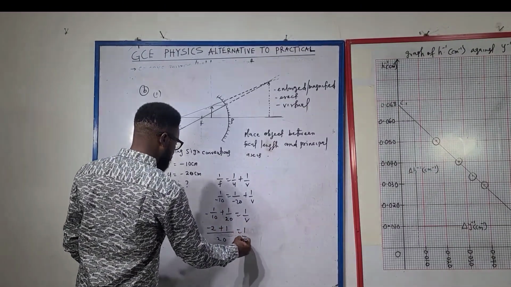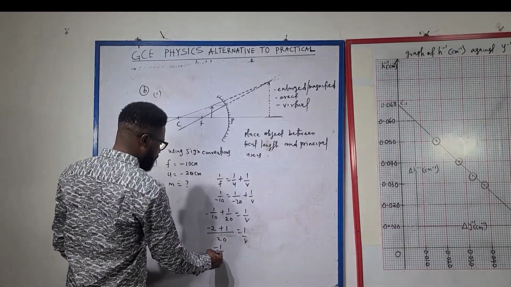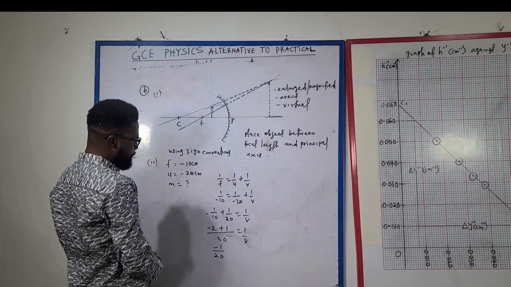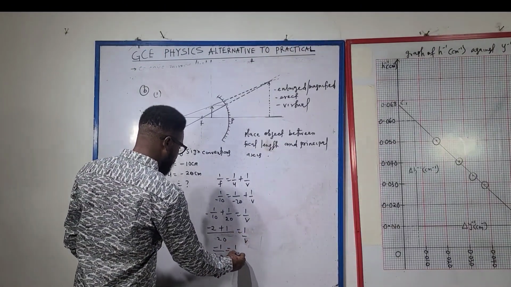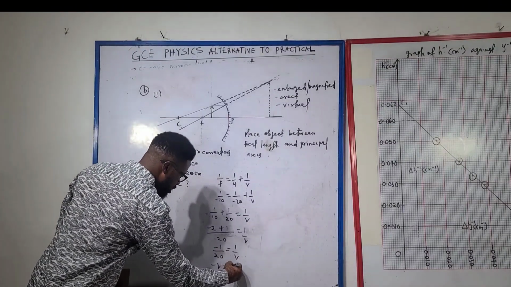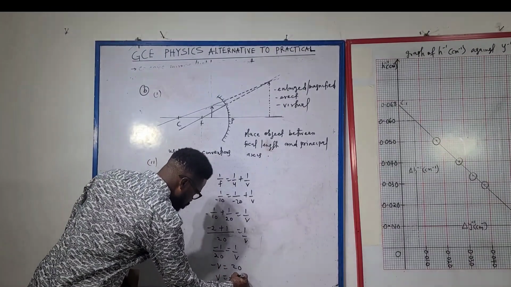So I'm having minus 2 plus 1, that's minus 1 over 20 equals 1 over V. V comes here, becomes minus V equals 20. Therefore, V equals minus 20.